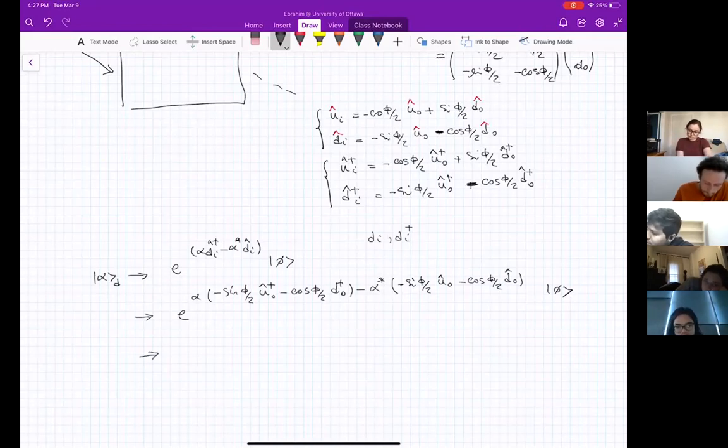Remember that UO and DO commute with each other. They are independent, and we also proved that for the case of the beam splitter.